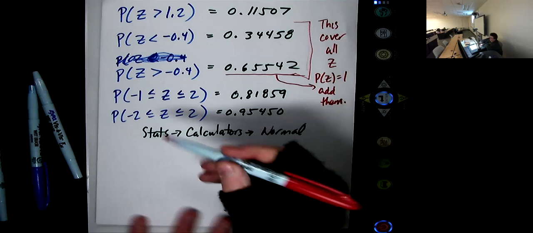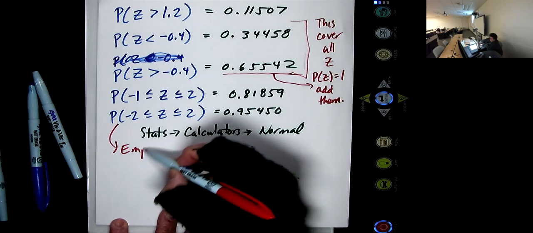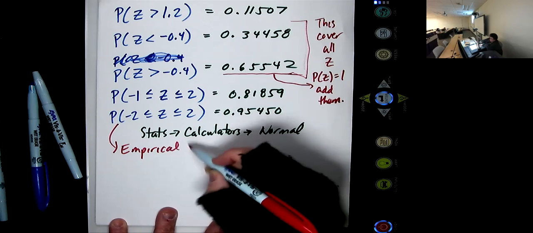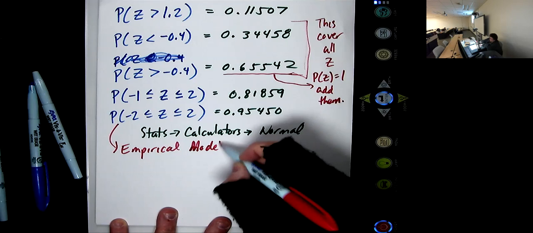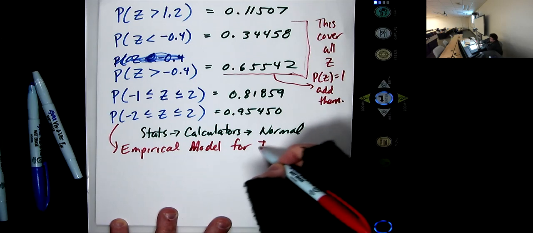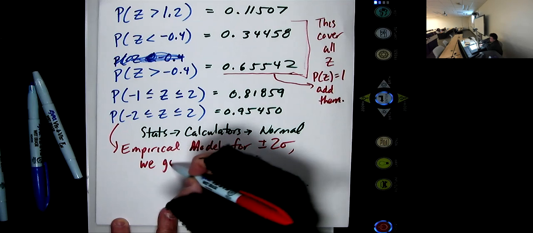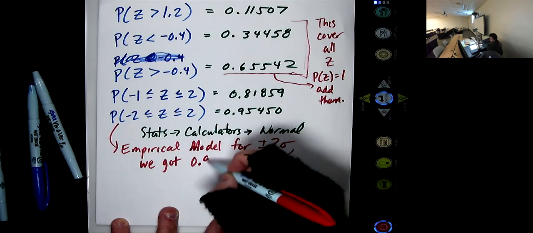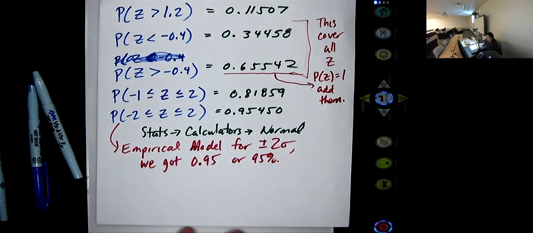When we did the empirical model for 2 deviations, we got 95%. So again, the empirical model, not exact.